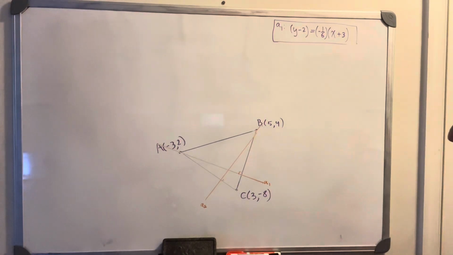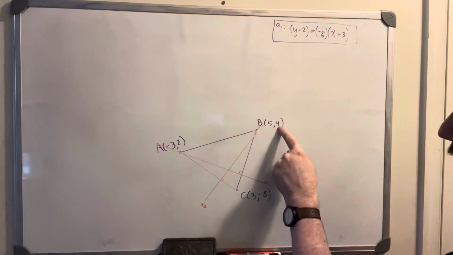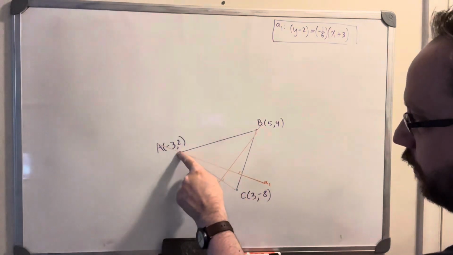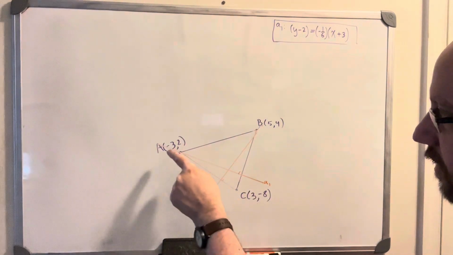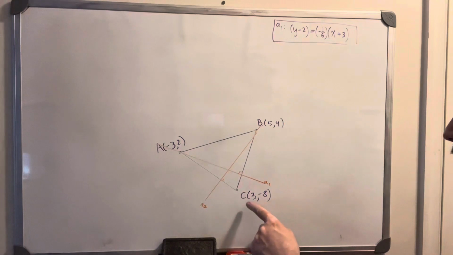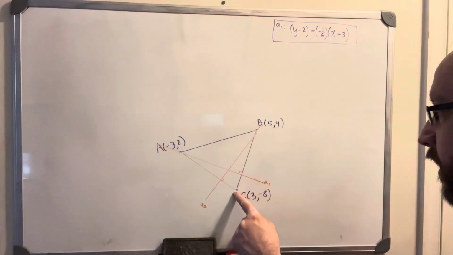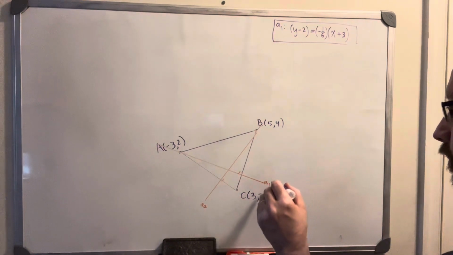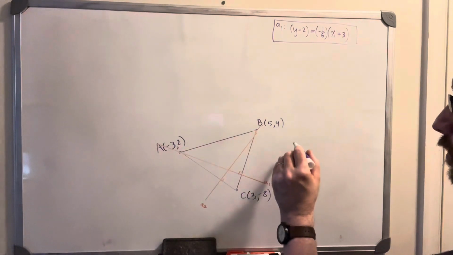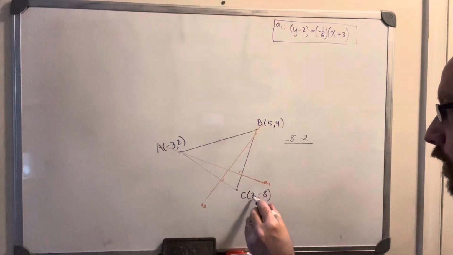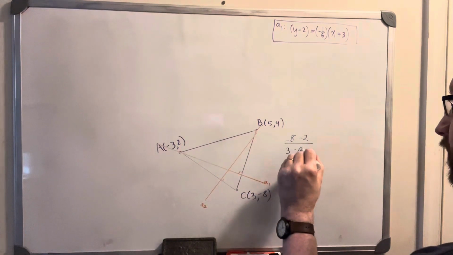The next altitude line we want to solve is this one, the one that passes through the point 5, 4 and has a slope which is perpendicular to the line between the points negative 3, 2 and 3, negative 8. So first we need to find the slope of the line between these two vertices. So the slope is the difference in y. So we got negative 8 minus 2 over 3 minus negative 3.